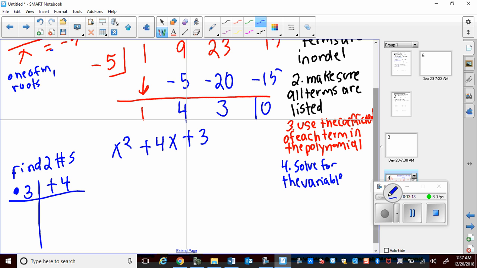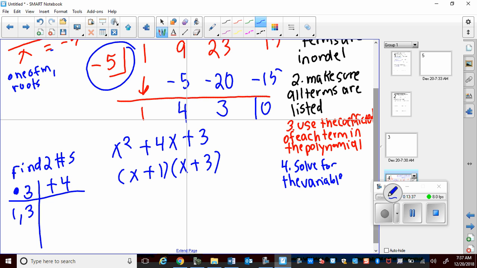So two numbers that multiply to 3, 1 and 3, and 1 plus 3 equals 4. So my factors here, x plus 1 and x plus 3. So I have two zeros that I've created here. My first zero is this negative 5. Remember I had x plus 5? Well, the opposite of that is negative 5.